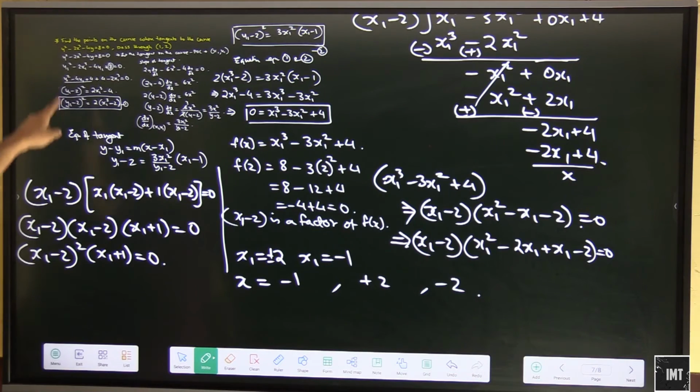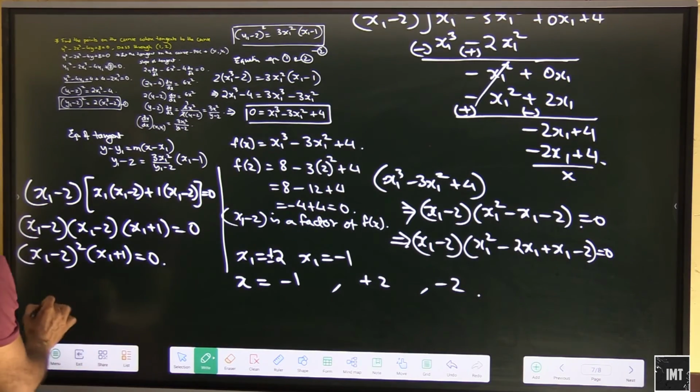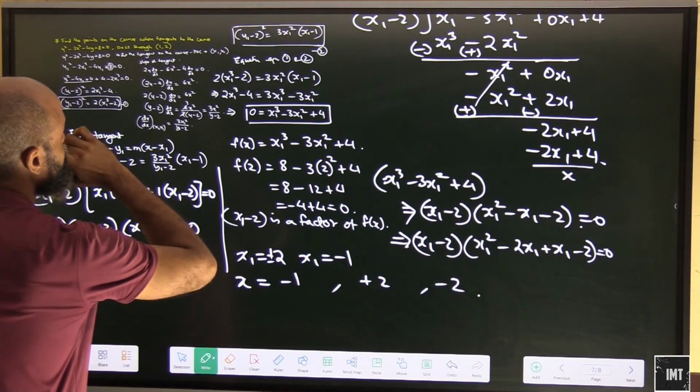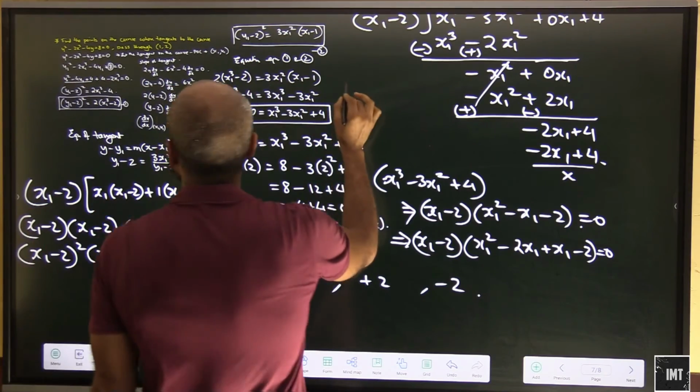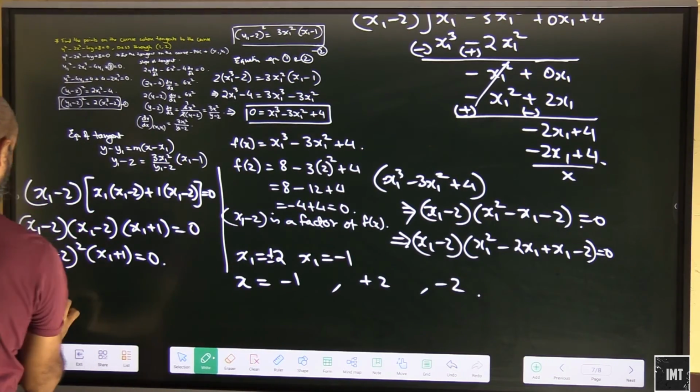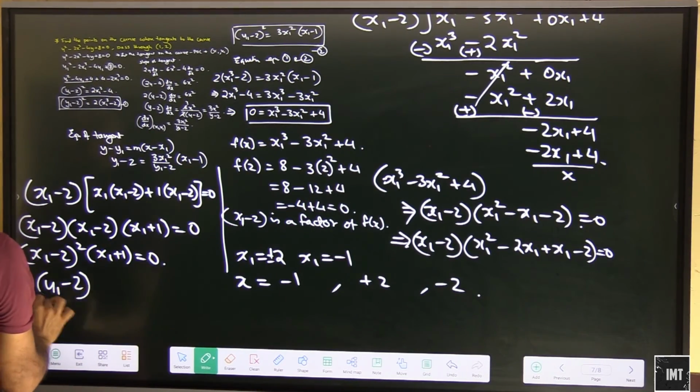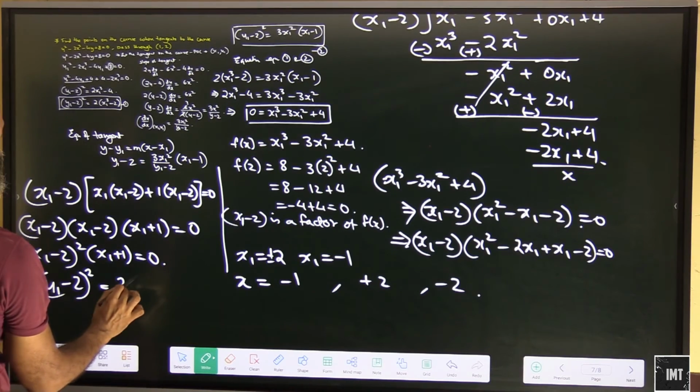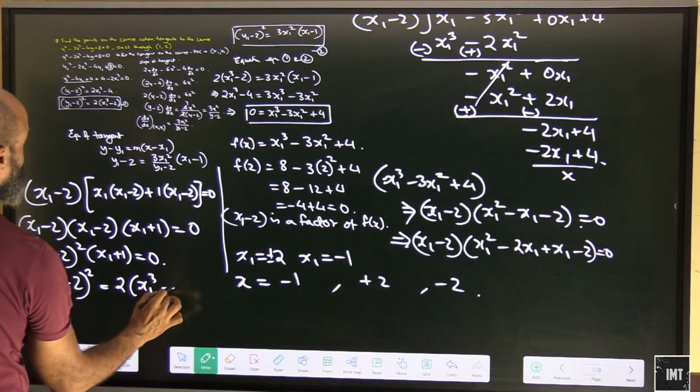So accordingly the values of y. (y - 2)^2 = 2(x^3 - 2).